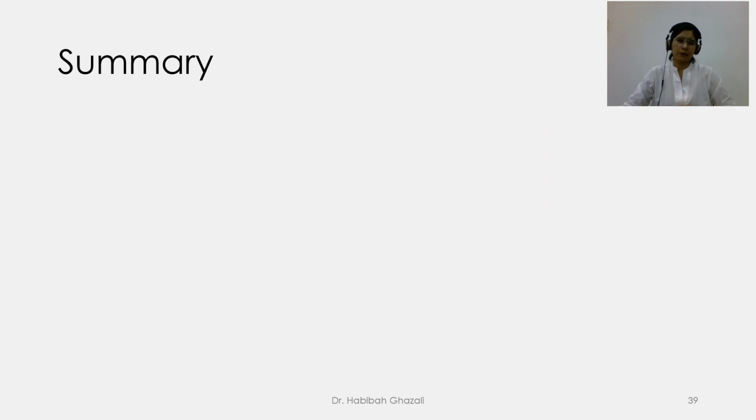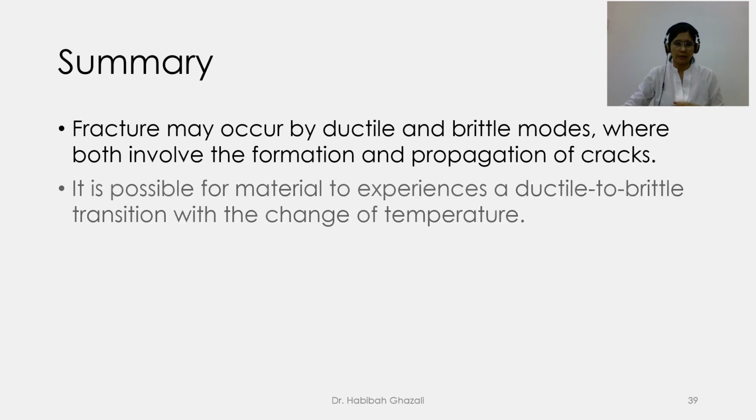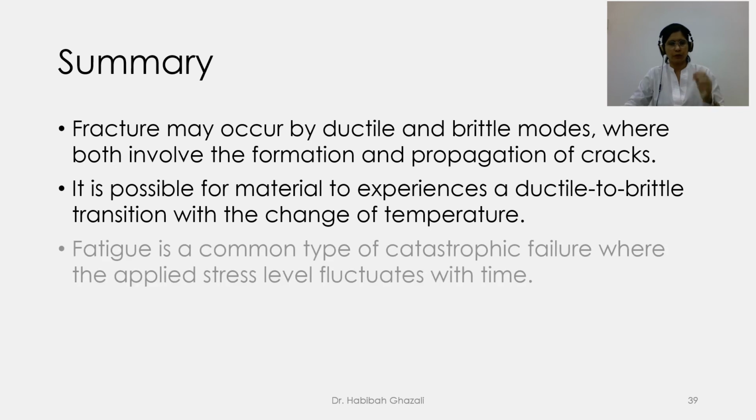So in summary, in this lesson, we have learned that fracture may occur by ductile and brittle modes, where both involve the formation and propagation of cracks. It is also possible for a material to experience a ductile to brittle transition when the temperature changes from higher temperature to low temperature.